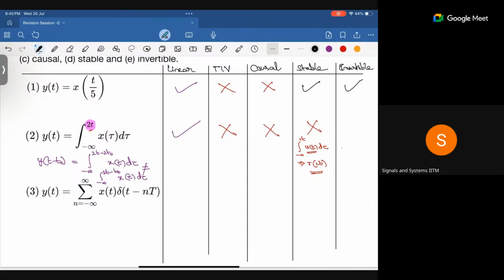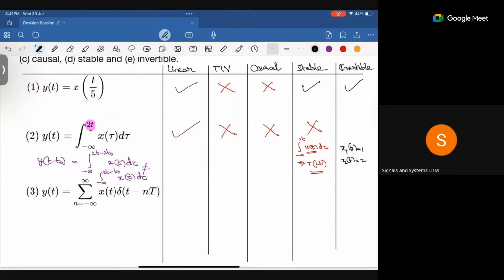Let's say you took x1 of t to be 1 and x2 of t to be 2. Okay.